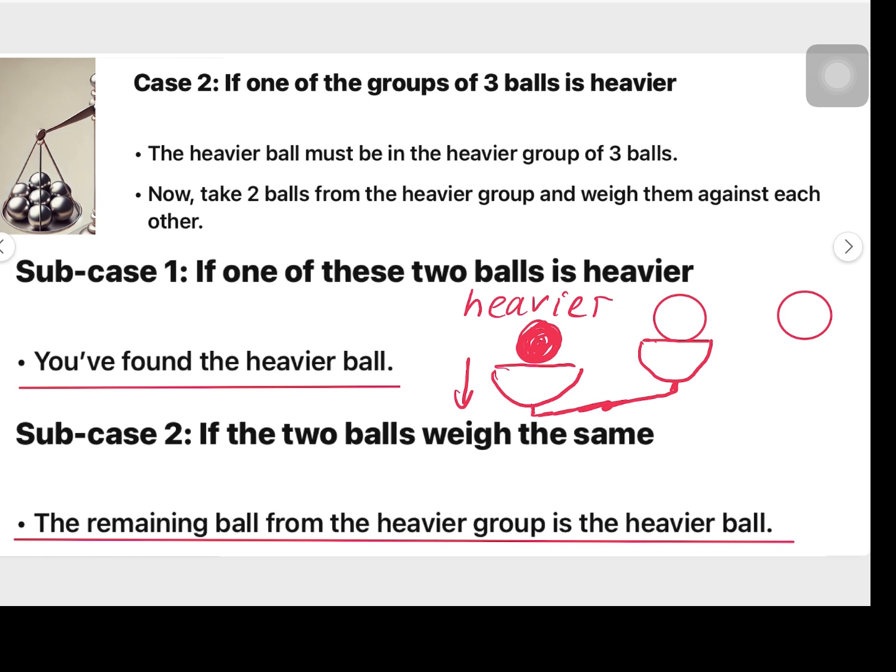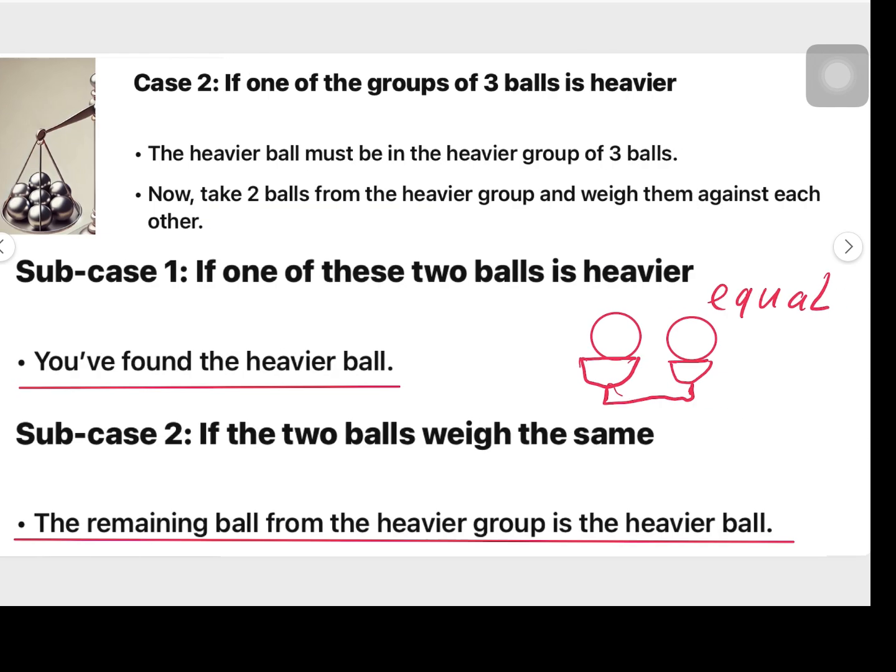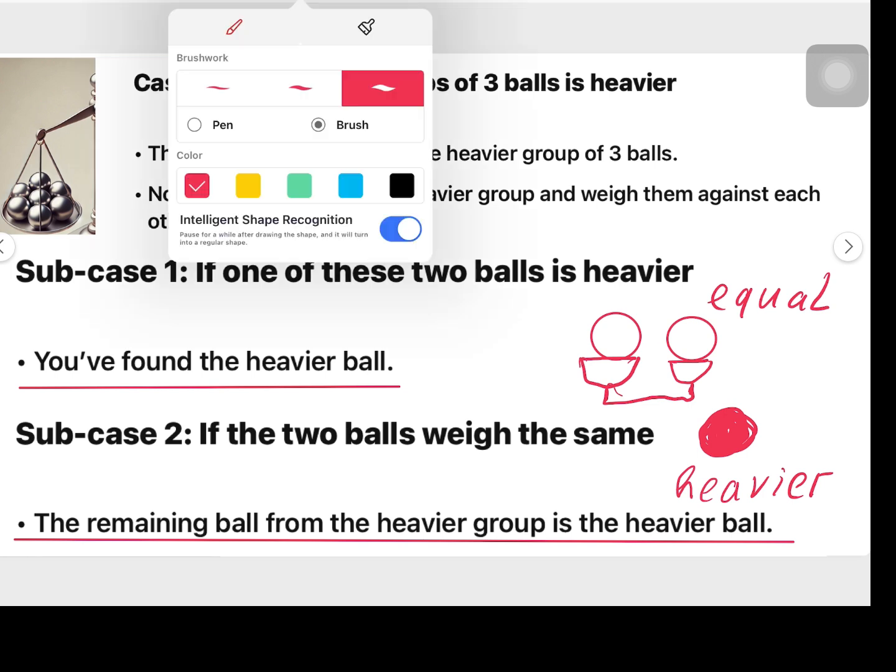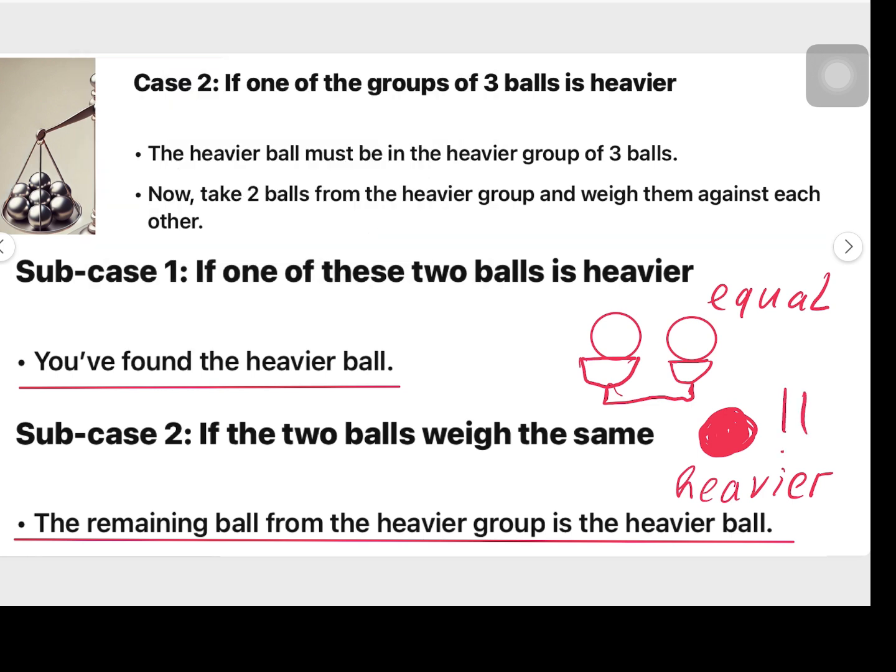If one of these two balls is heavier, I found the heaviest ball. In the other situation, if the two balls weigh the same, then the remaining ball from the heavier group, which I didn't measure, is the heavier ball. So this is a solution.